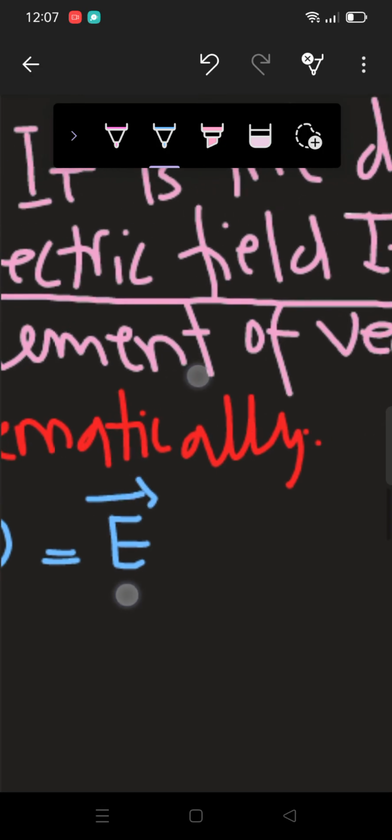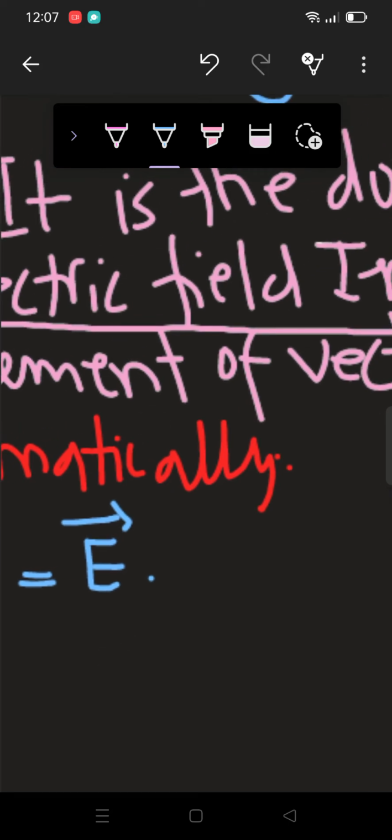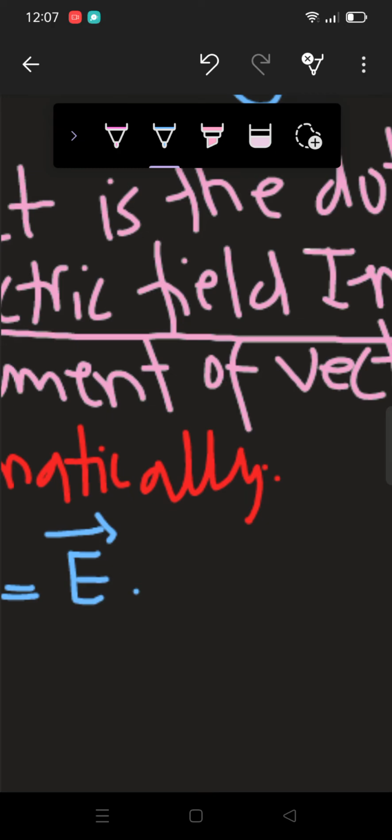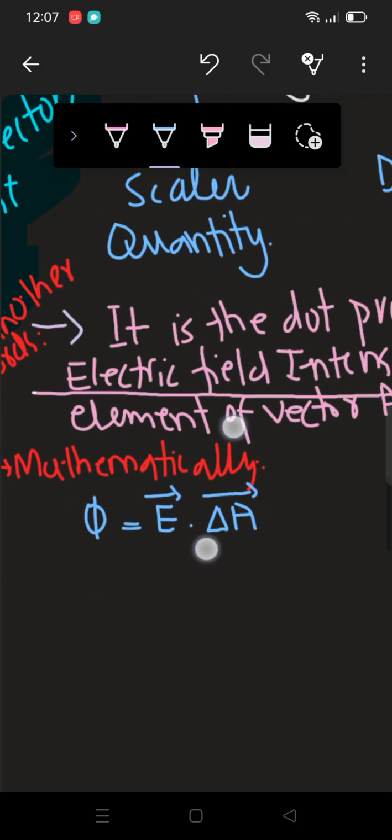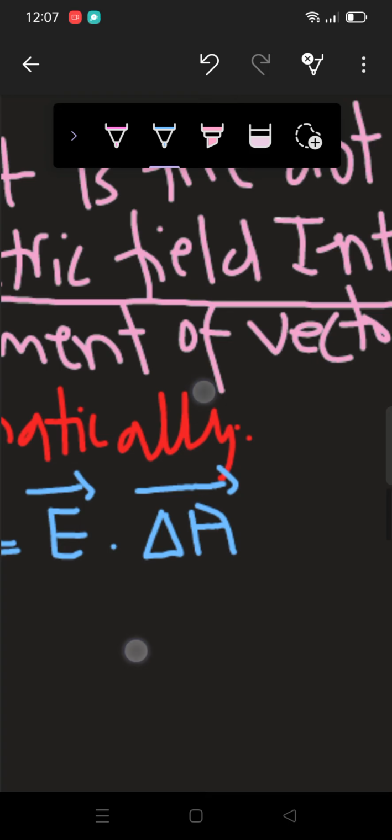Electric field intensity dot, it is the dot product, which means a dot between the two quantities. It is the dot product of electric field intensity and the small element of vector area, which I can write as delta A, and that is also a vector quantity. So this is a vector. Now this is the dot product.